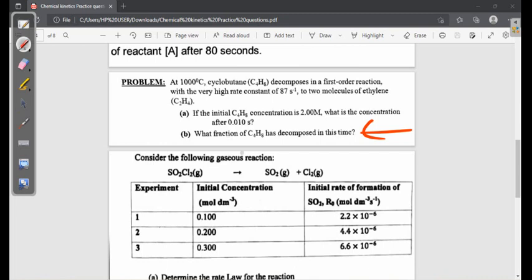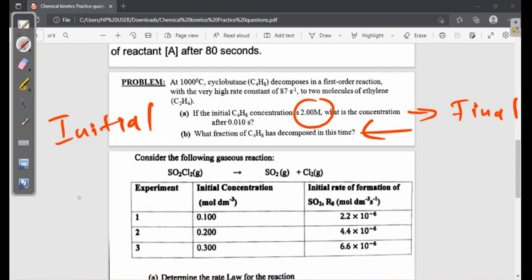What fraction? So what you're finding in the first part of the question is the final, and then you have the initial. So if you have the initial and the final, how do you determine how much has decomposed? You can just subtract the final.